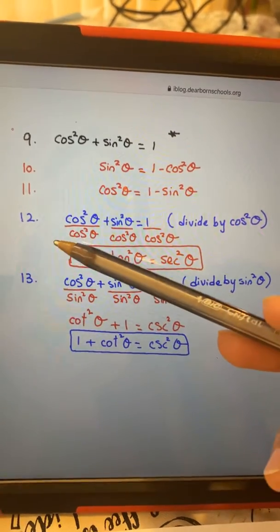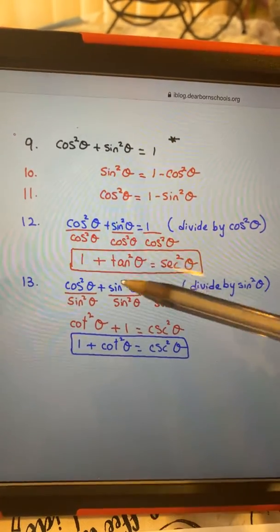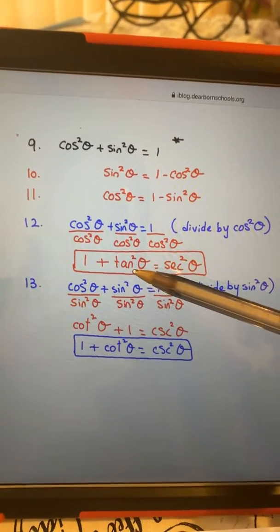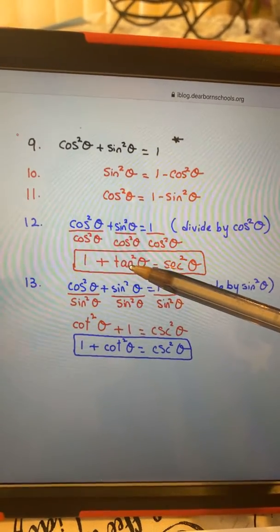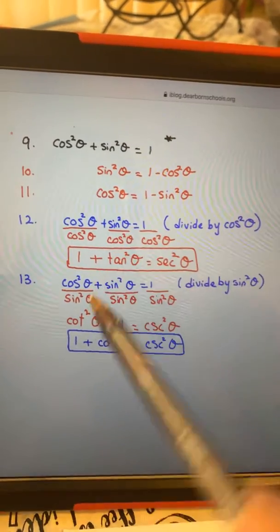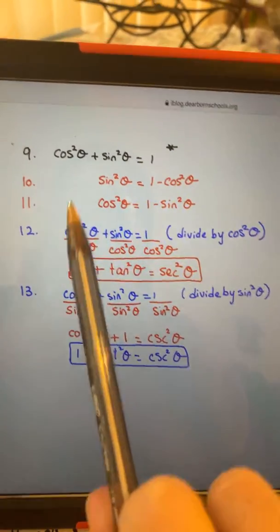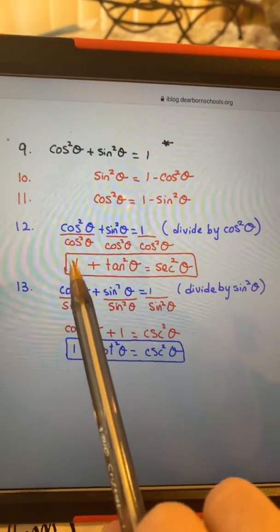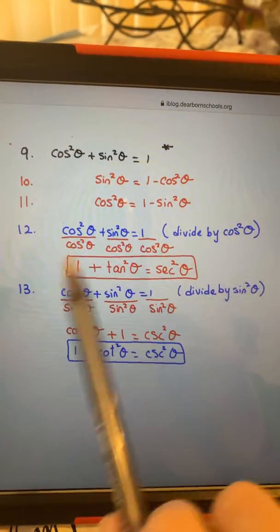Now, we got to number 12, and number 12 identity includes a tangent. So how do we get tan? We know that tan is sine over cosine. That's why I took this original identity, which is the star one, and I divided everything by cosine squared.